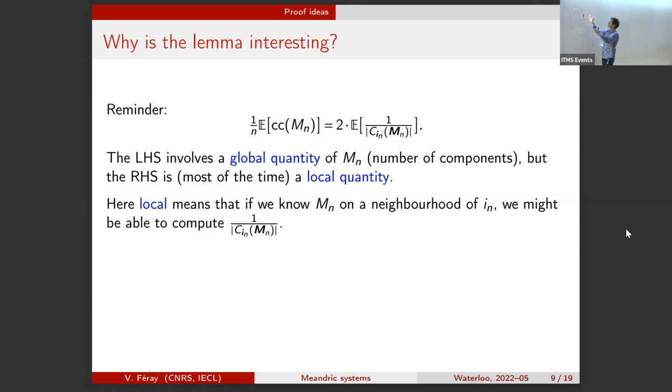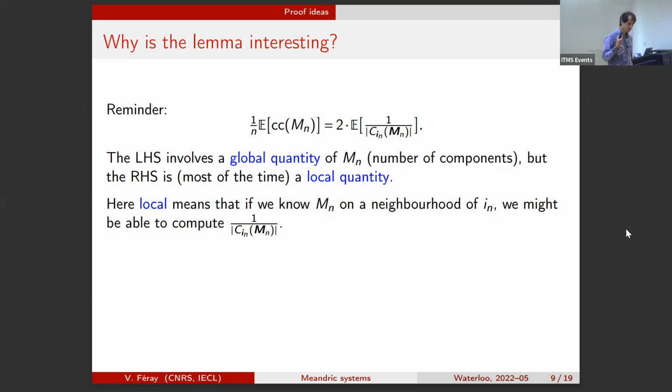So maybe you don't see the whole component, but you see that it already has many points, and you can answer approximately: okay, you don't know exactly what the inverse size is, but it's small. And in fact, I said maybe we'll be lucky, but what the proof says is that we will be lucky most of the time. So in this sense, the inverse size of the component is something local.